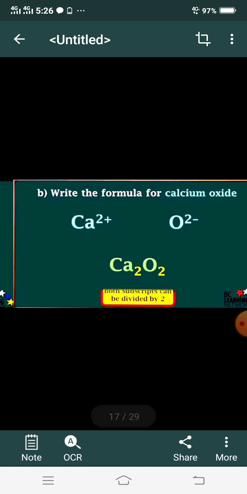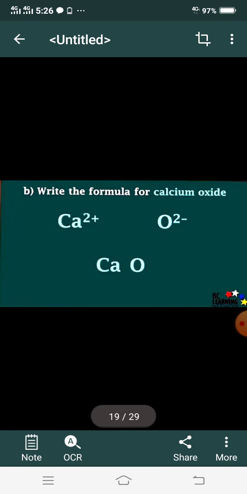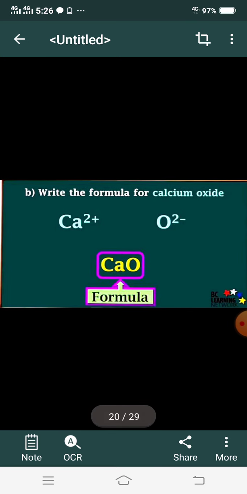So they are cancelled and we have 1 and 1, because both the numbers 2 are divisible by 2. Once again, 1 cannot be written as a subscript, so we have to remove them and we have the formula CaO. This is the formula of calcium oxide.